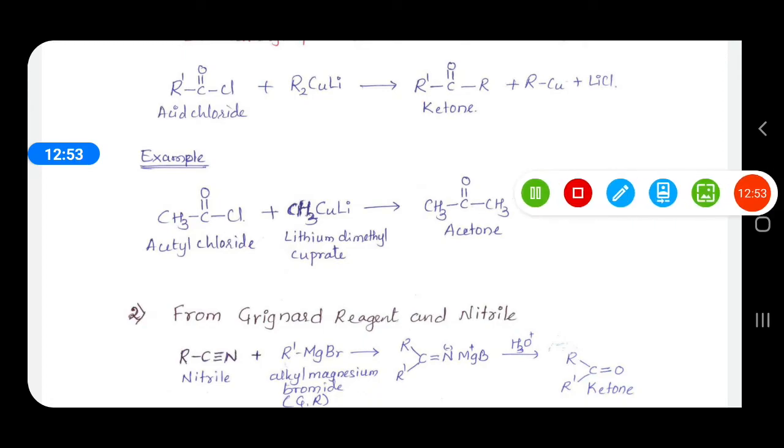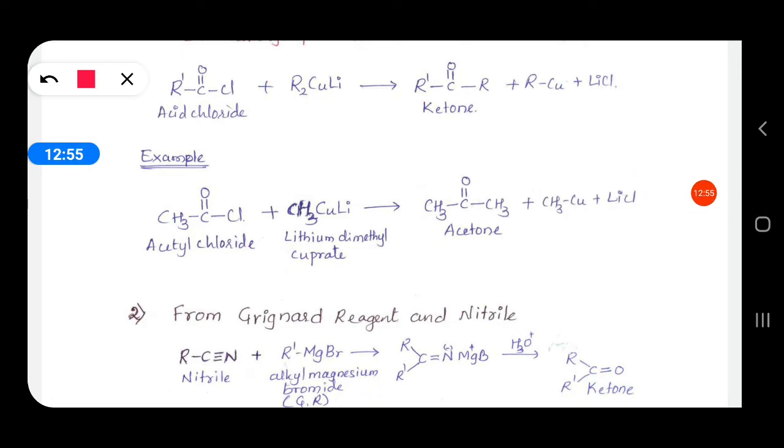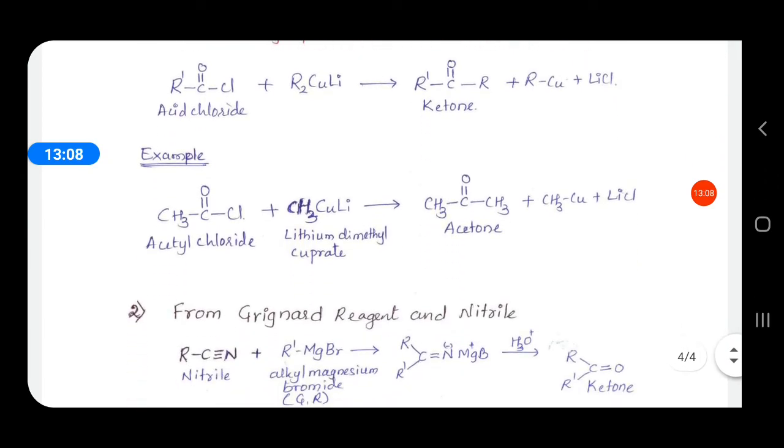You can see here on both sides, in the acetyl chloride the CH3 group is present, and in the dimethyl cuprate we have also taken CH3. So I should write it like this, (CH3)2 Cu Li.